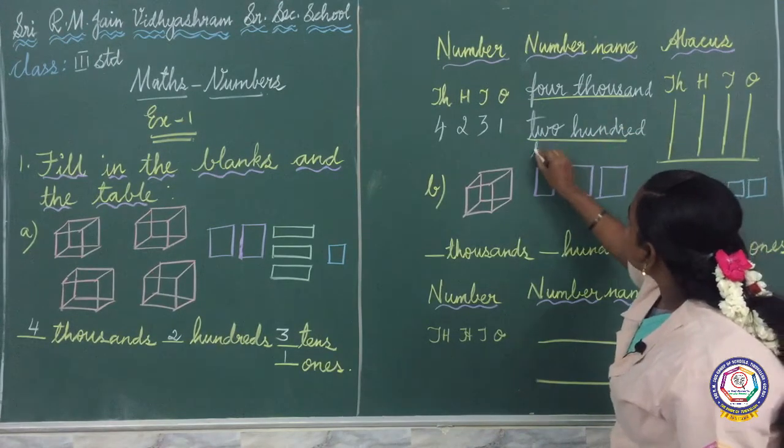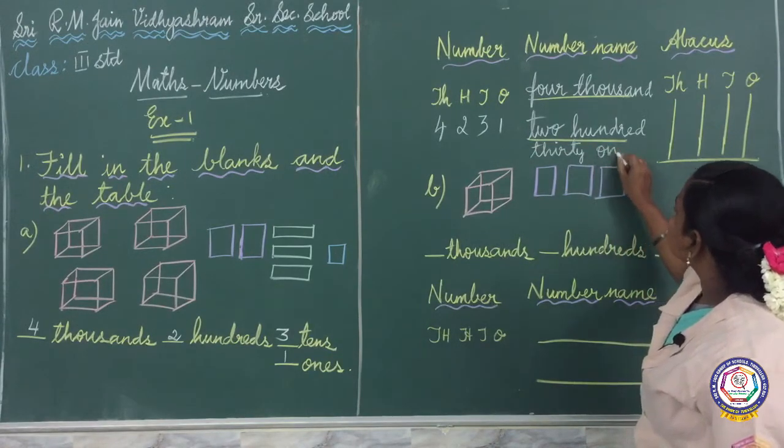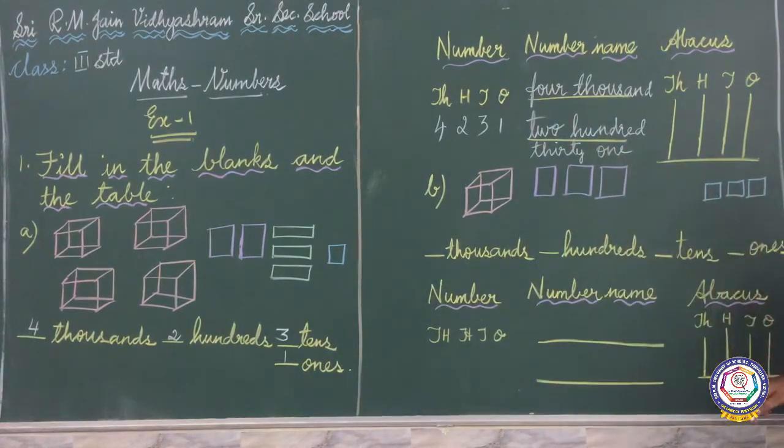See, already you have learnt ones, tens, hundreds, 3 place values. So now we are going to learn one more place value, that is thousands.